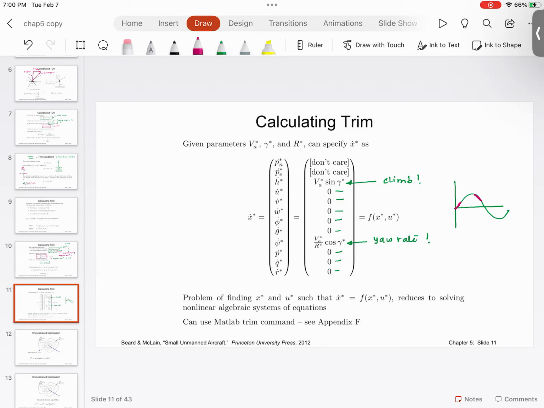What it means is your linearization, or the Taylor series expansion, is dependent on the operating point. That's why the first step is finding out that operating point. So the idea is first we do this trimming to find the operating point, and then we do the linearization about that operating point. Everyone understood this?